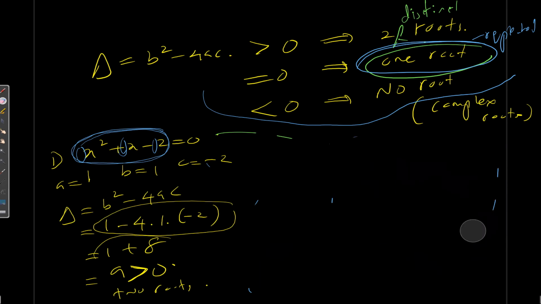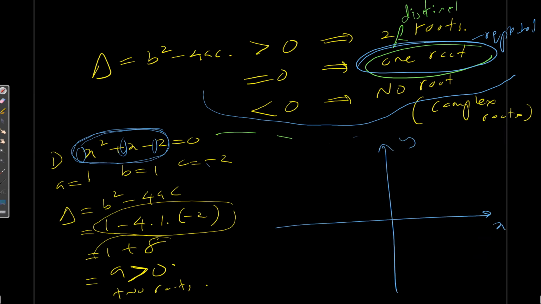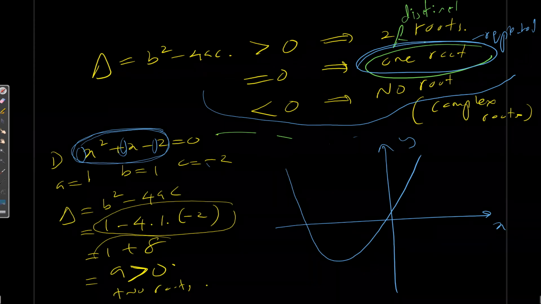When this happens, let me draw the axes now, x-axis and y-axis. The y-axis will always be crossed exactly once. Now, if you have a quadratic graph like this, how many places does it cross the x-axis? 2.